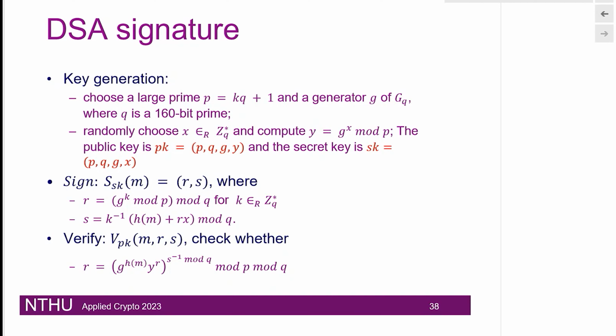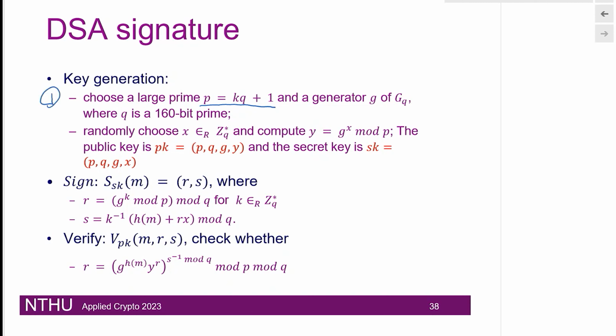So let's start with the key generation, just like every other algorithm. We are expected to find a large prime P that has this format, K Q plus 1, and then we also need to find the generator G under Z star Q, not Z star P. So let's have some thoughts over here.